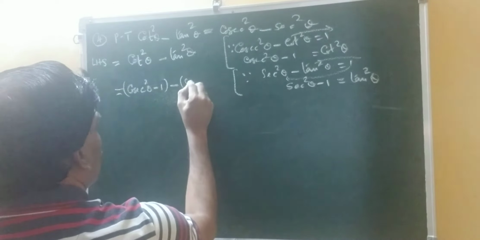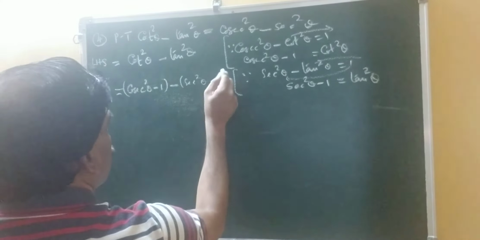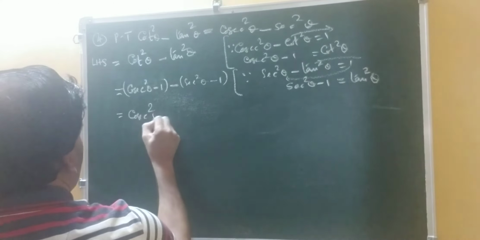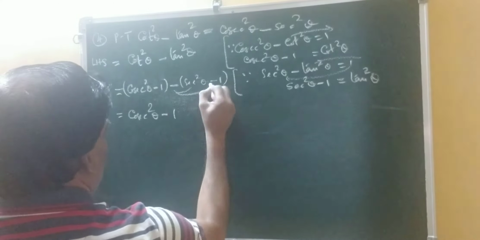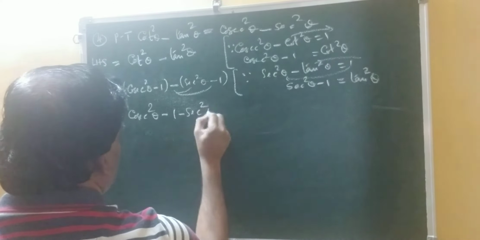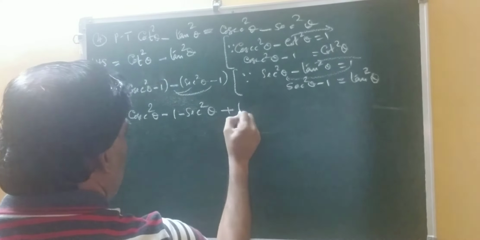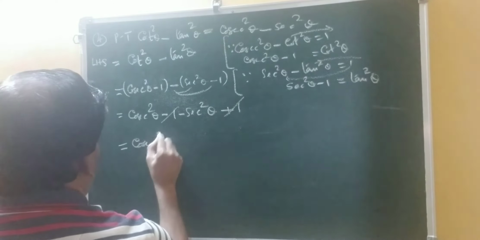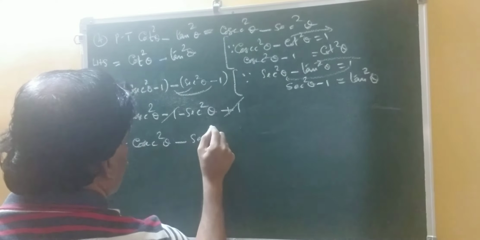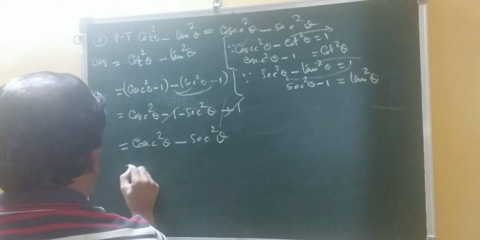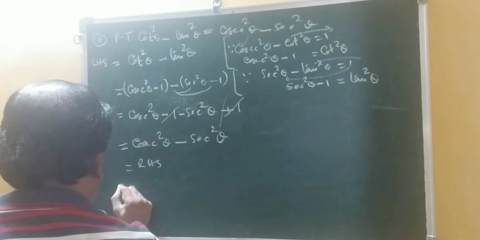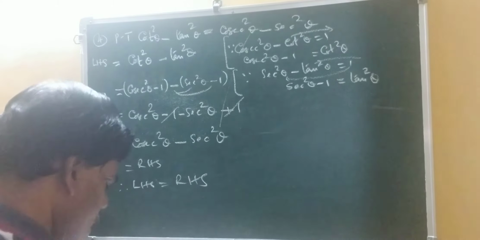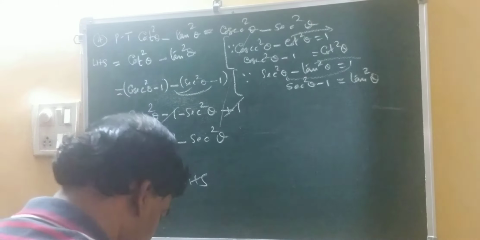So here sec square theta minus 1. So cosec square theta minus 1, multiply minus, sec square theta minus, into minus plus. So we got cosec square theta minus sec square theta. See here, it is your right hand side. Therefore, left hand side equal to right hand side. This is also very interesting sum.